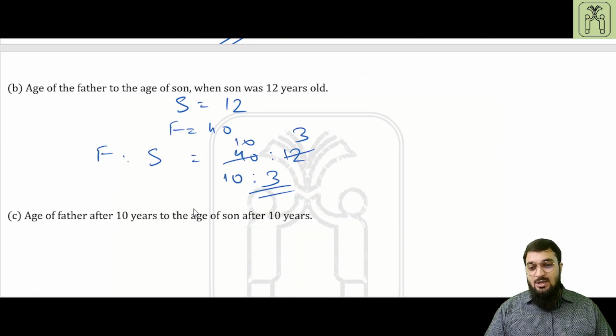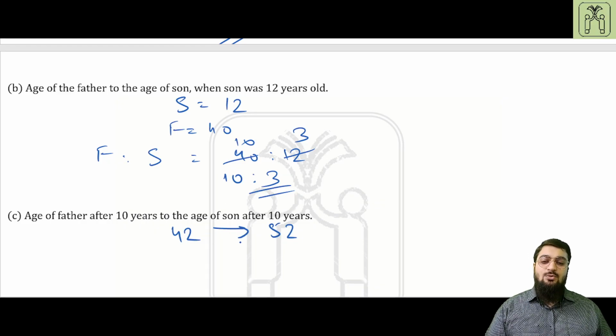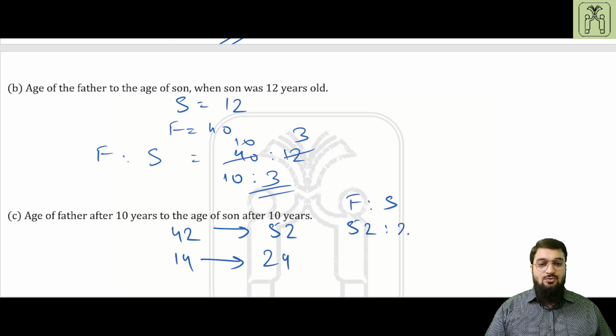Coming to the next part, that is age of father after 10 years. So after 10 years he will become from 42 to 52 and the son will become 14 to 24, and the ratio will be F is to S, that is 52 is to 24.